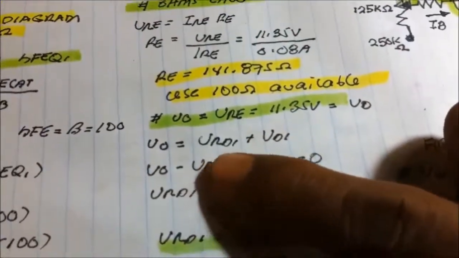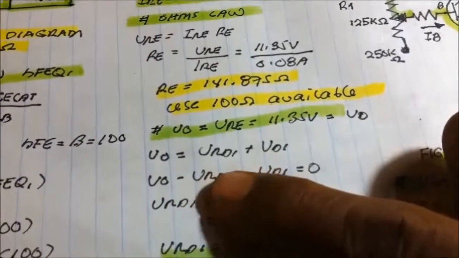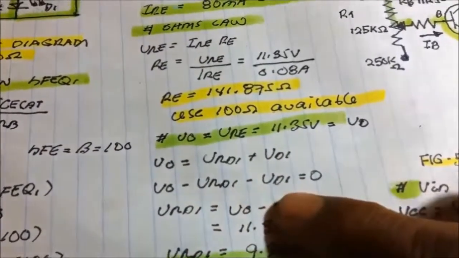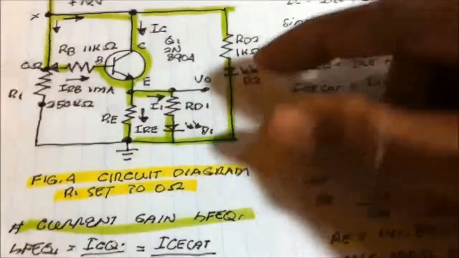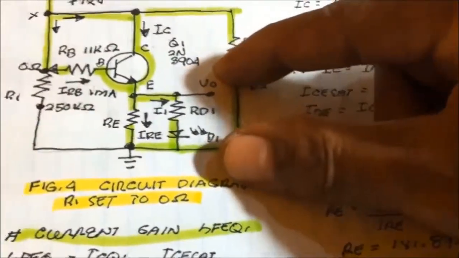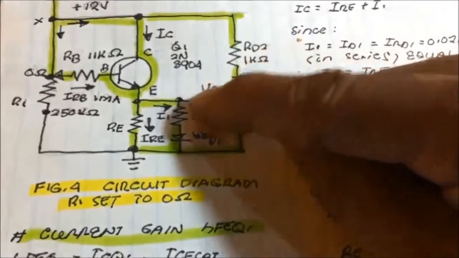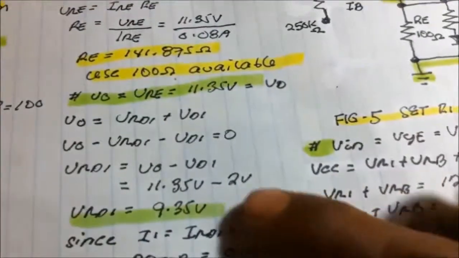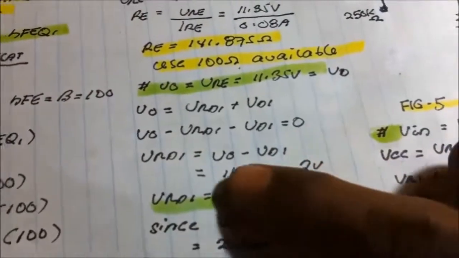You can also use the KVL method: the output voltage is the supply voltage minus the voltage at RD1 minus the voltage at D1, equal to 0. That's another technique.